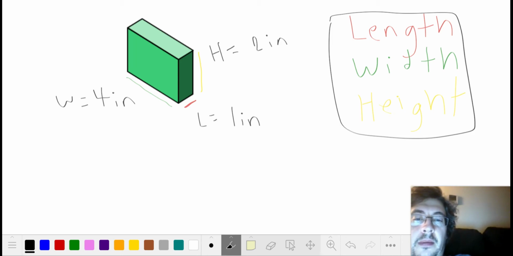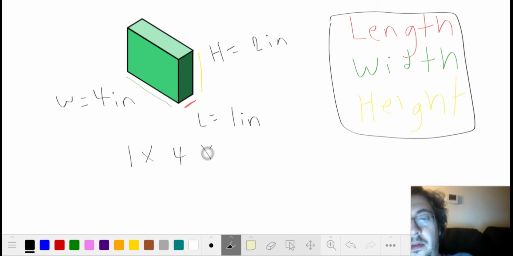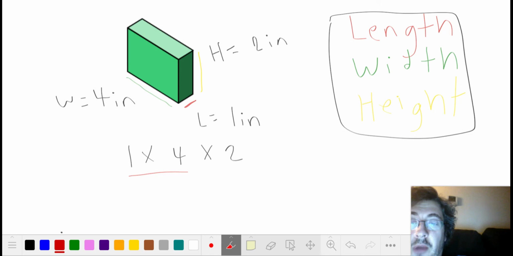Okay, so our volume formula says we have to multiply all three of these values together. So writing the problem out as an expression, we're going to have length 1 times width 4 times height 2. And using the order of operations, I'm going to evaluate the first multiplication problem here coming from the left, which is 1 times 4.